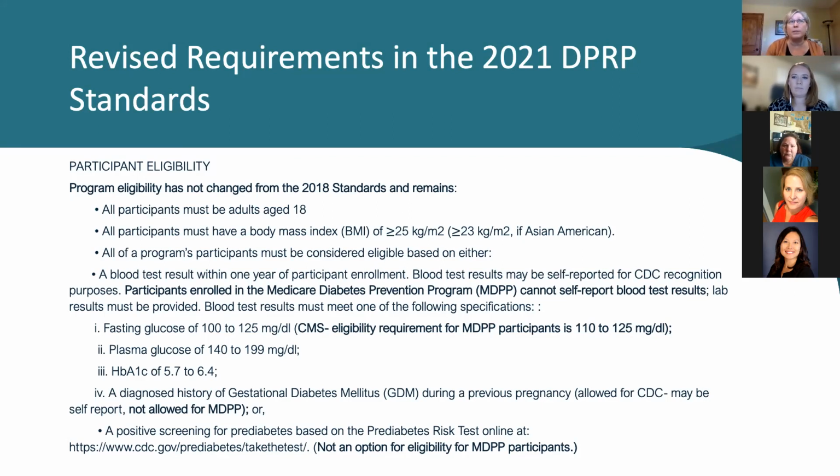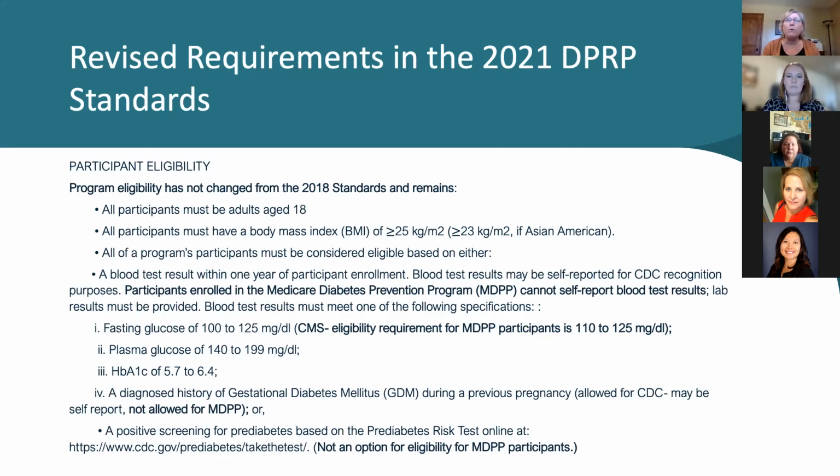All program participants must be considered eligible based on either a blood test, that is a fasting glucose, a plasma glucose, or a hemoglobin A1C, or a history of gestational diabetes, or a positive screening for prediabetes based on the prediabetes risk test that the CDC provides. None of that has changed.